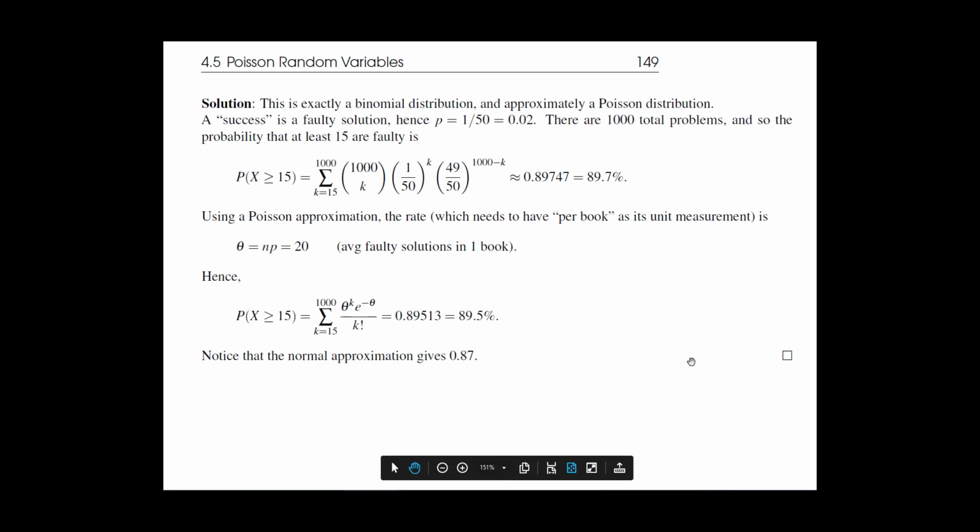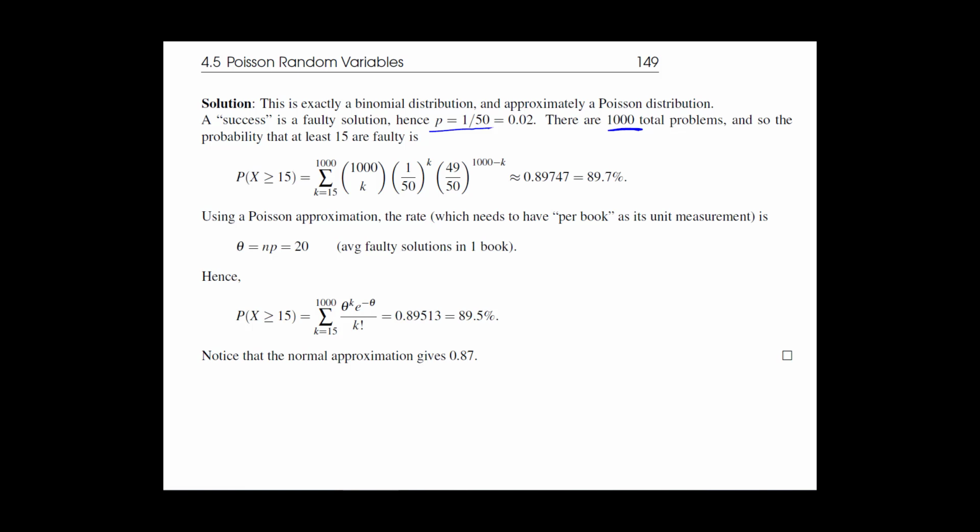Alright, so for the first part, using the binomial distribution, this problem is exactly a binomial, right? It's the number of faults or errors in the textbook. The probability of a faulty solution is, it says 1 over 50 questions, right? And there are a total of 1,000 problems.